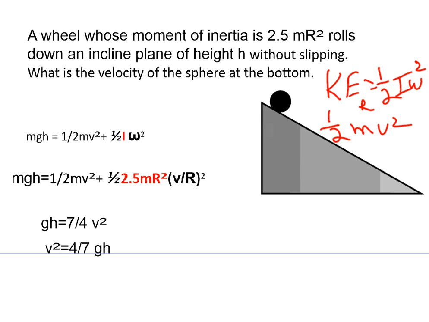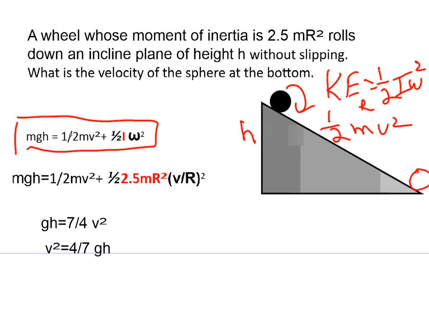In this case, the ball is rolling down the plane, so it has both of these energies. The total energy at the top equals the total energy at the bottom. At the top, it only has mgh, and at the bottom it has both.